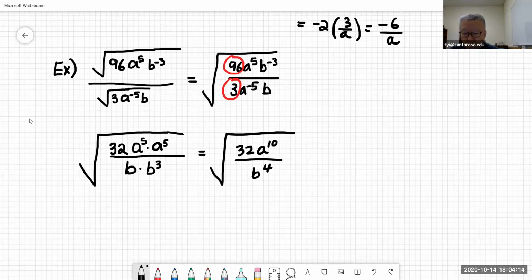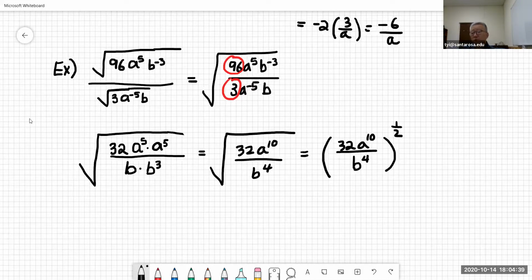So let's say I want to use the rational exponent because it seems a lot more clear. Then you can rewrite this as something like this. 32 A to the 10 over B to the 4th, to the 1/2. Okay, so it's going to be a preference there.